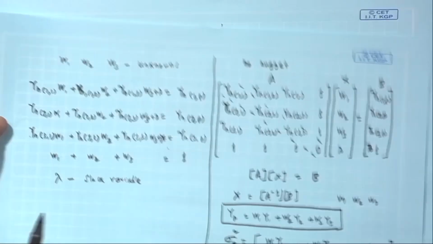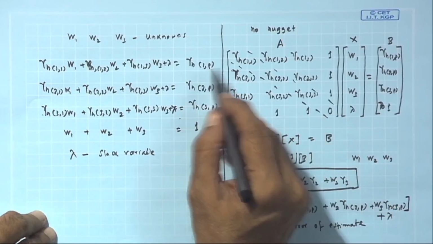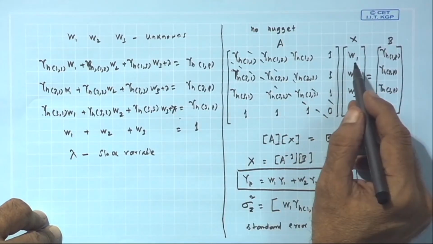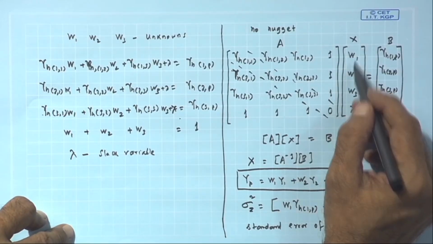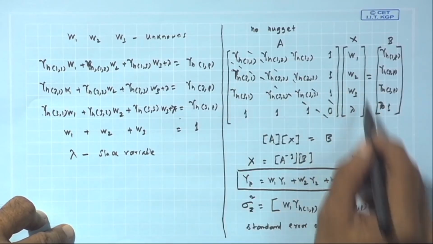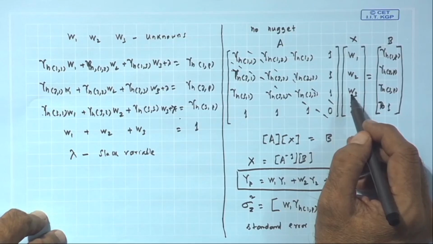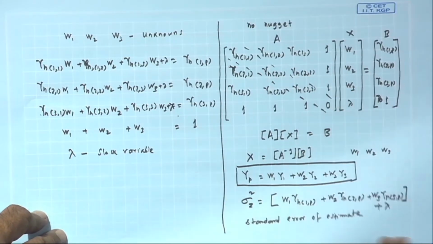Just one point to recapitulate here: when our number of unknowns was 3, W1, W2 and W3, and we introduced one slack variable, the size of the matrix becomes number of unknowns plus 1, a 4 cross 4 matrix.